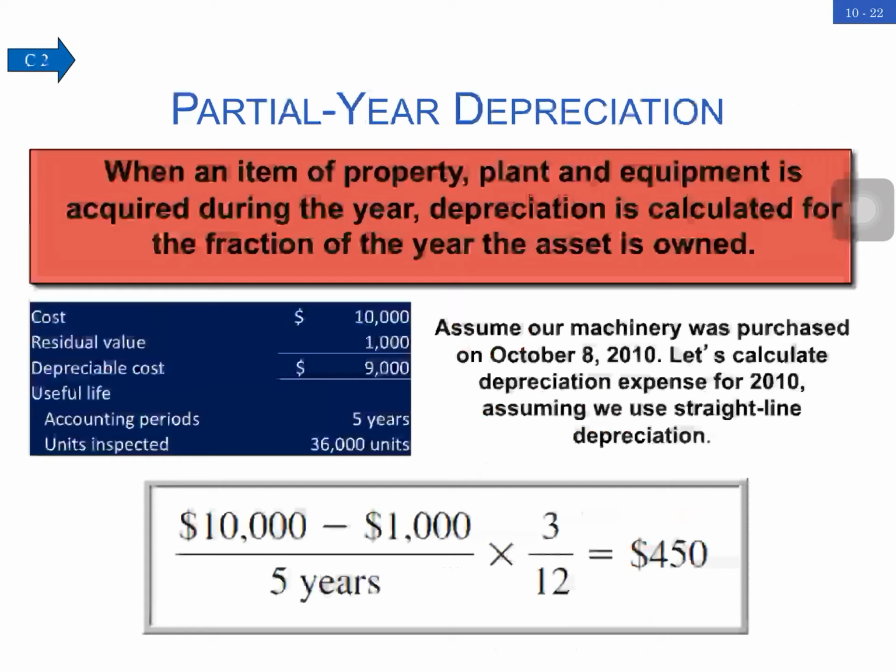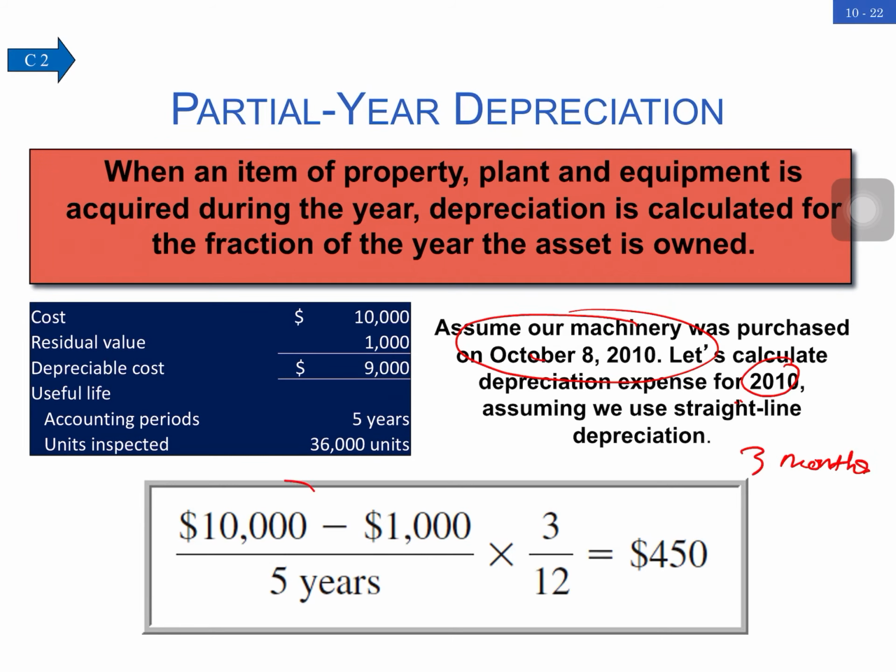This is partial depreciation. Okay, sometimes, for example in this case, you buy the machine at the beginning of October, and then at the end of 2010, you have to record the depreciation expense, right? So from October to December, it is 3 months.